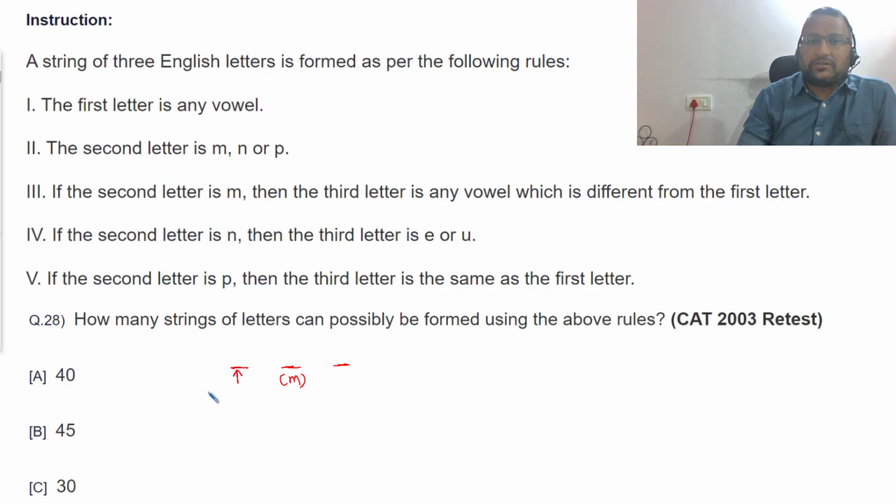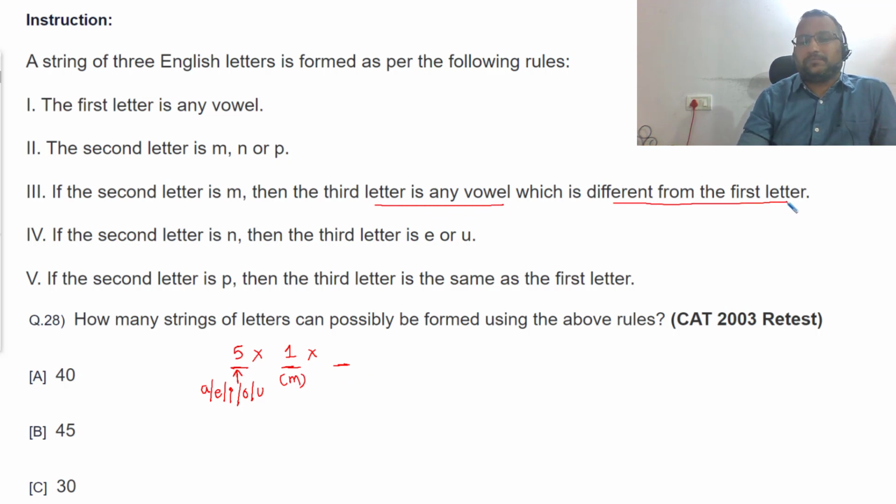So the first letter is going to be A, E, I, O, U. So there are 5 choices over here, there is 1 choice over here, and the third letter is any vowel which is different than the first letter, everyone. It means total there are 4 choices here. So if the second letter is M, total 20 three-letter words you can form.